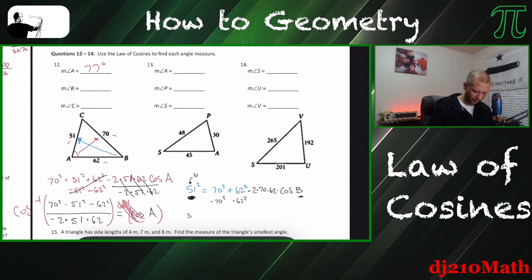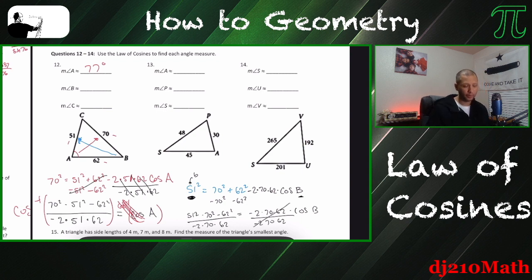So it's going to be 51 squared minus 70 squared minus 62 squared is equal to negative 2 times 70 times 62 times cosine of B. Okay, I'm going to divide both sides by negative 2, 70, 62. So we're left with cosine B.